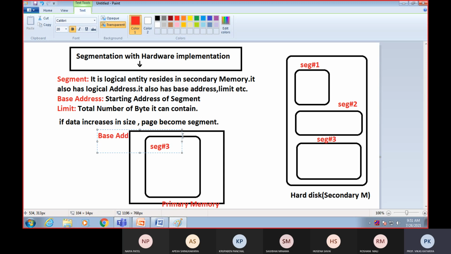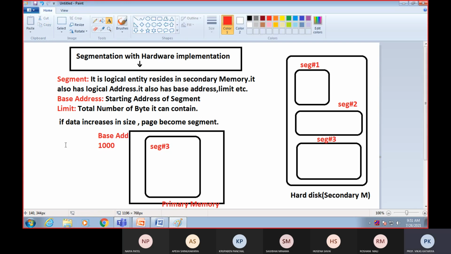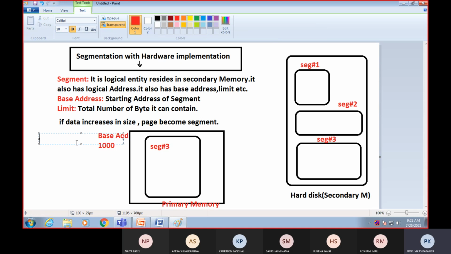For this segment number 3, the base address, let's suppose, is 1000, and the limit is, suppose, 500 bytes.